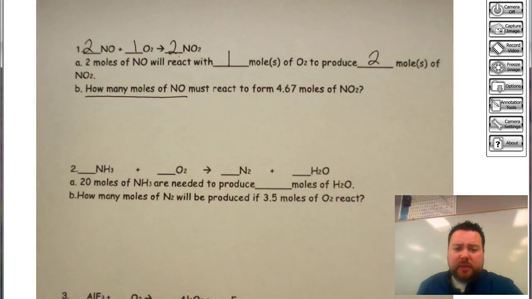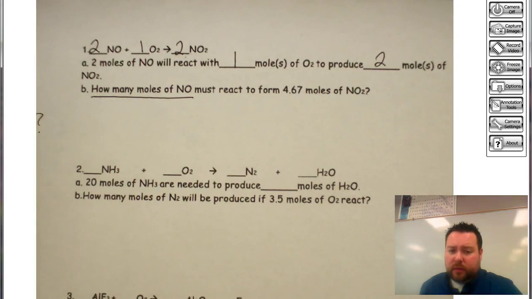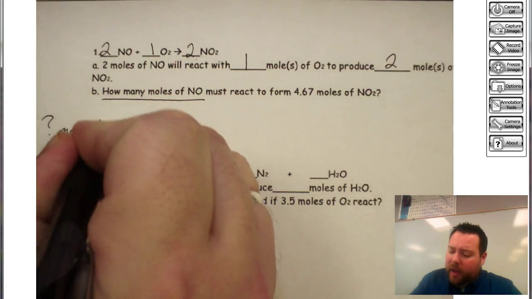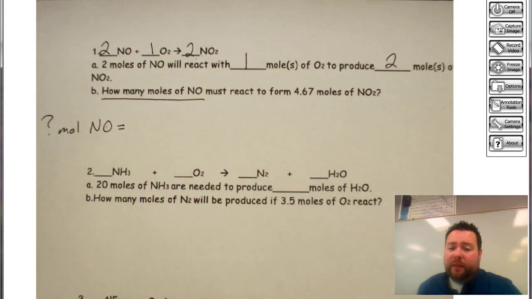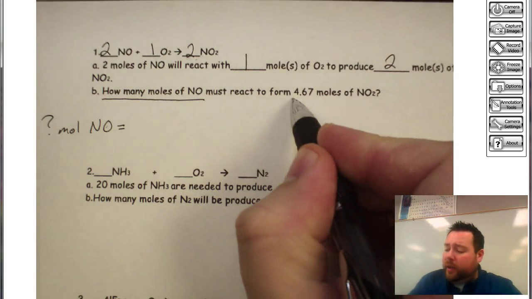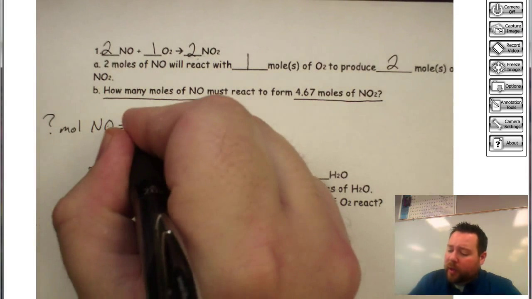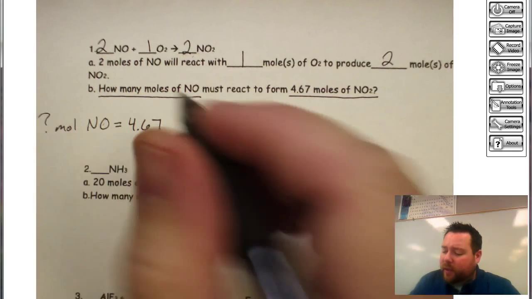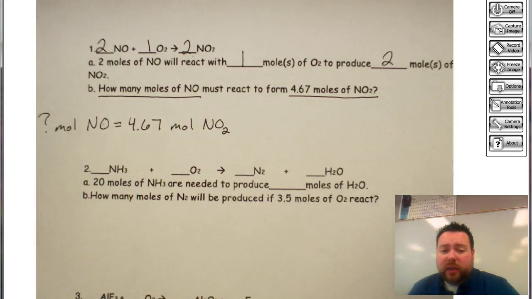You don't have to do this, but I find it helpful if you put your question mark and moles of NO, nitrogen monoxide, equals, and this is where the given information is going to be placed. What was given to us is 4.67 moles of nitrogen dioxide, so I'm going to plug that in to the beginning of our equation. So 4.67 moles NO2. This gives us a place to start.